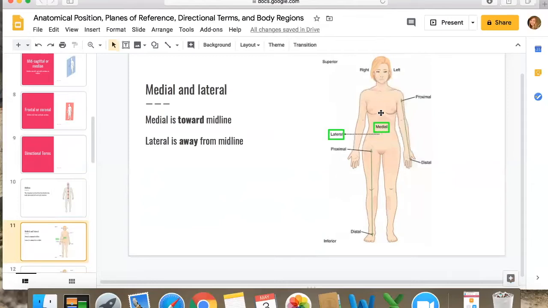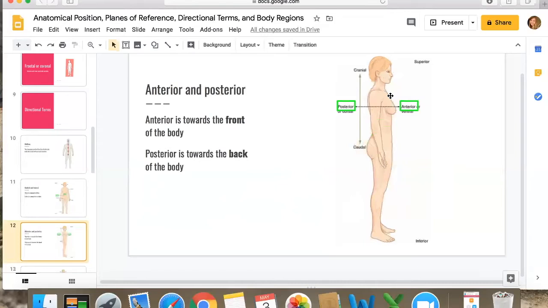So midline is going straight down here. Medial is referring to being closer to the midline versus lateral, which is further away from the midline. So you could say, for example, that the sternum, which lies right here in the chest, is medial to the elbow.